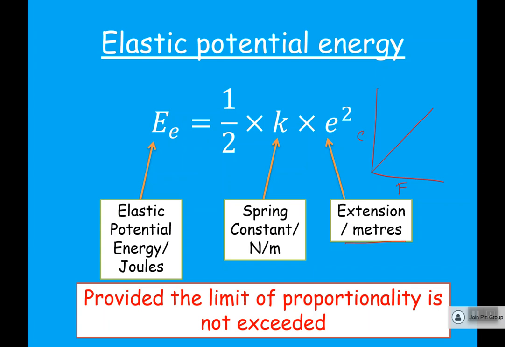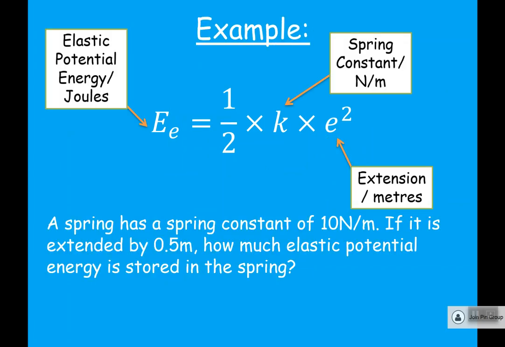But if you carry on adding force, the graph can start to curve because the force is no longer proportional to the extension. In the region where you get a straight line, this equation and the one for Hooke's law both apply. But as soon as you exceed the limit of proportionality, i.e. your graph starts to curve, then this equation falls apart.